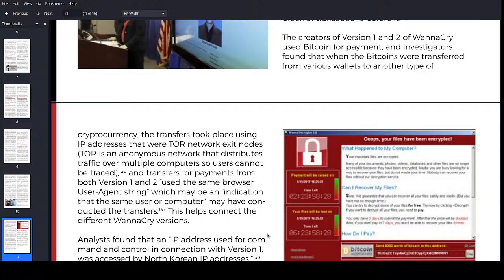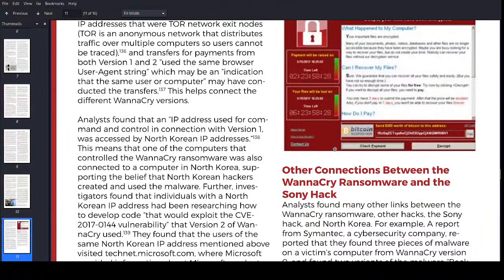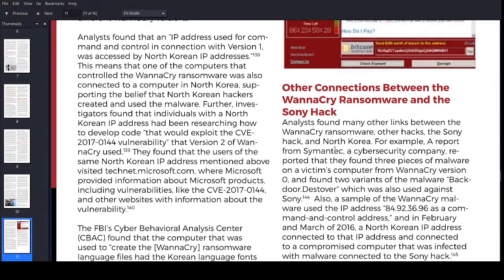Tor is an anonymous network that distributes traffic over multiple computers so users cannot be traced. Transfers for payments from both version 1 and 2 used the same browser user agent string, which may be an indication that the same user or computer conducted the transfers. This helps connect the different WannaCry versions.